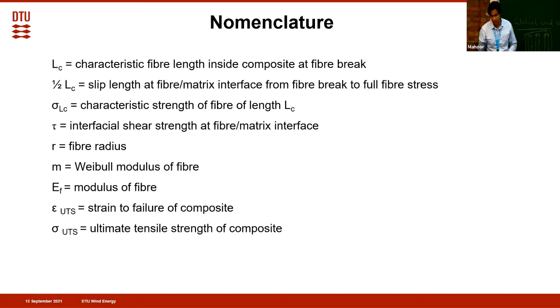LC is a characteristic fiber length inside the composite at the fiber break. I'll try to show the image later and discuss more. Half LC is the slip length that exists at the fiber-matrix interface from the break. And delta LC is the characteristic strength of the fiber at that length LC.